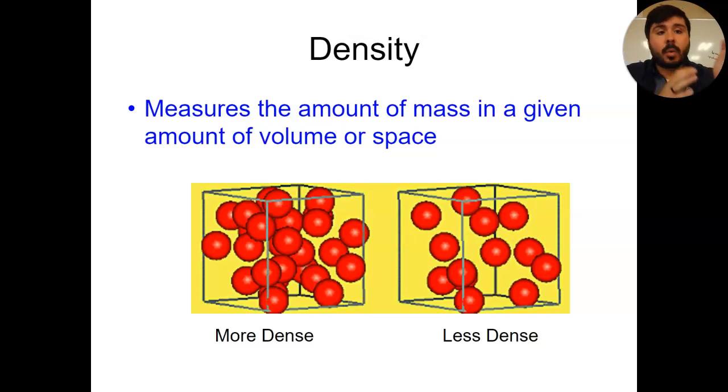On the left-hand side, we've got a cube with substantially more red spheres, which is going to lead to a higher mass, and therefore a higher density. More dense. The cube on the right has significantly fewer red spheres, so it has a lower mass and therefore a lower density, okay? So that's a descriptor and two different models to show you the difference between density and comparing that with mass and volume.